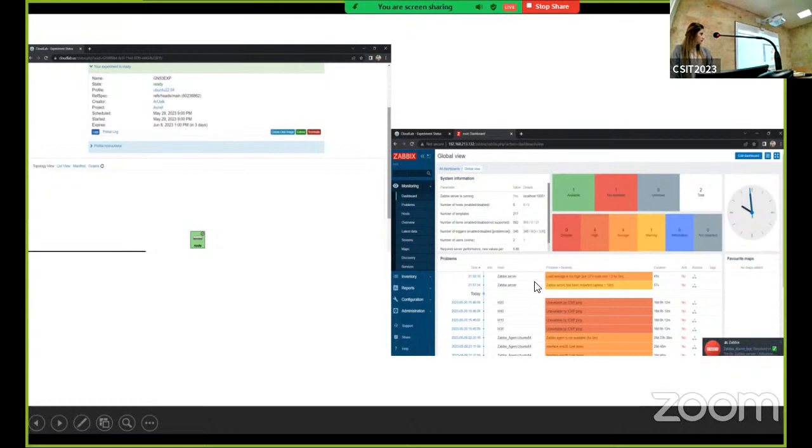And also, as you can see in the corner, we can get alerts with Zabbix, which will show us the problem, when it started and when it was resolved.